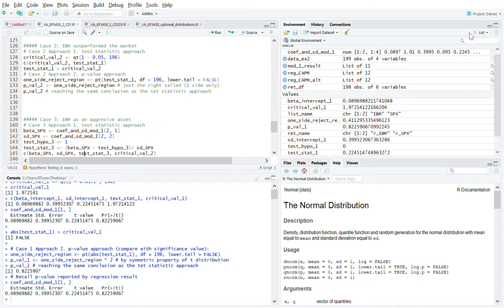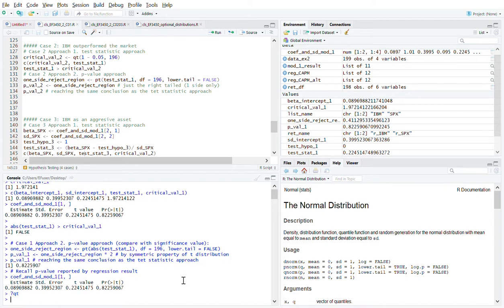Again, there are two approaches. One is comparing the test statistic with the critical value, which is computed using the quantile function qt. The second is the p-value approach, where we compare the p-value with the significance level.